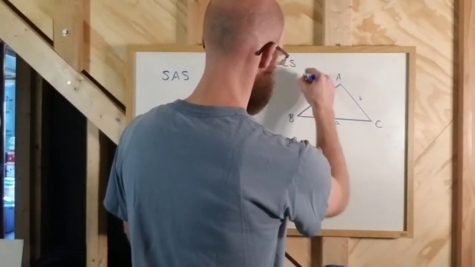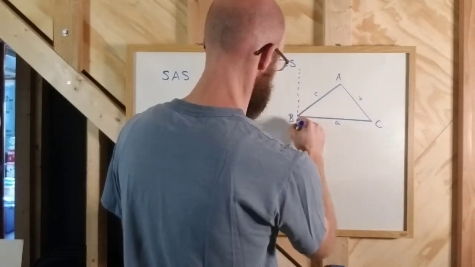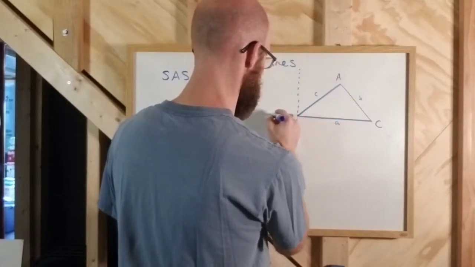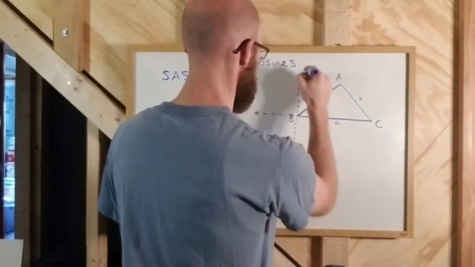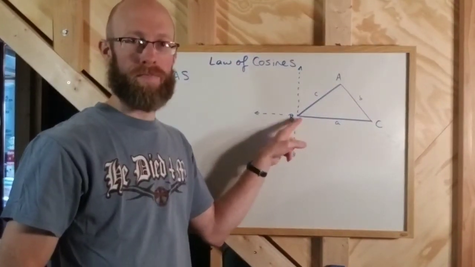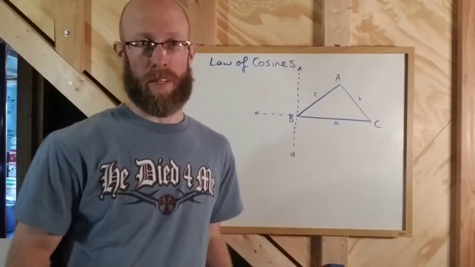In fact, I'm going to run my x-axis and my y-axis through vertex B. So vertex B is at the origin, and my x-axis runs along the line BC, or the side BC.